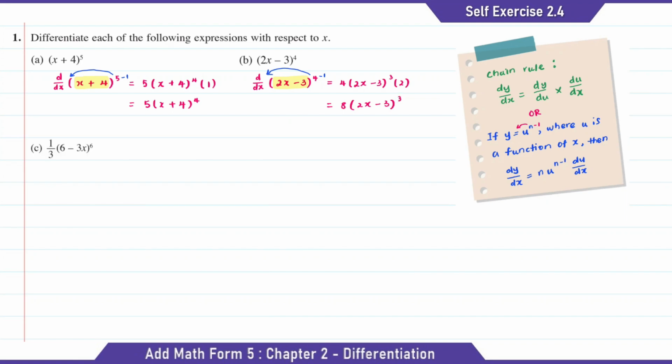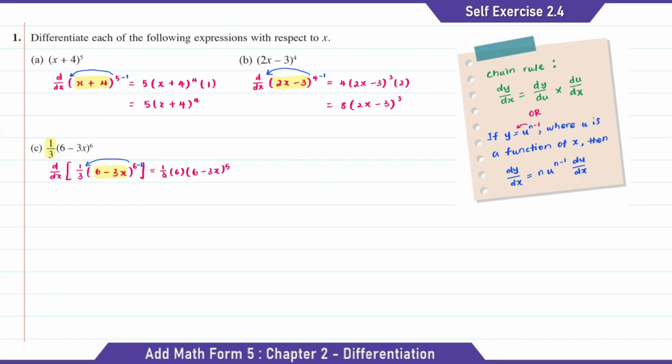Question C, 1/3 (6 - 3x)^6. So here the method that we use to differentiate questions A and B also applies for question C, even though it contains a coefficient of 1/3, as long as the coefficient contains numbers only. So this is equal to 1/3 times 6(6 - 3x)^5.